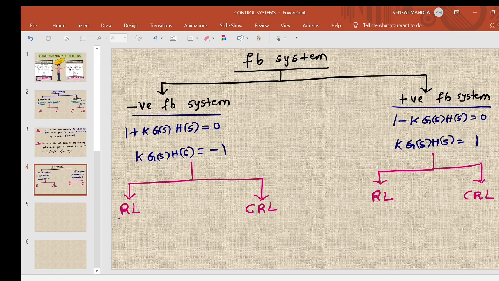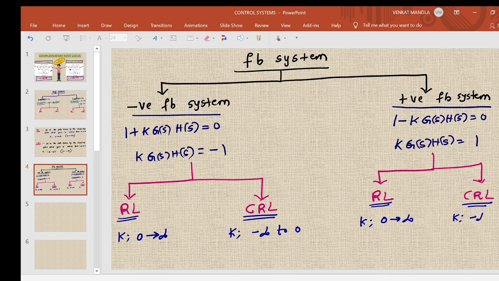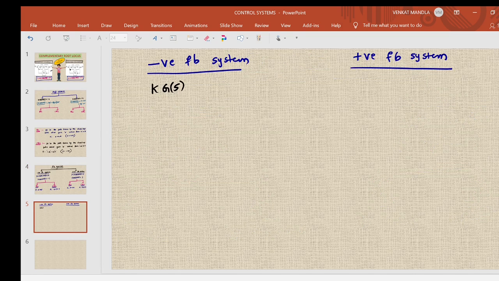Root locus is K varied from 0 to infinity, and the complementary root locus is K varied from minus infinity to 0. For a negative feedback system, K G(s)H(s) equal to minus 1. For a positive feedback system, K G(s)H(s) equal to plus 1.